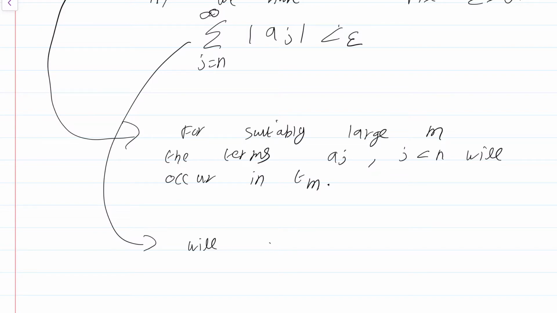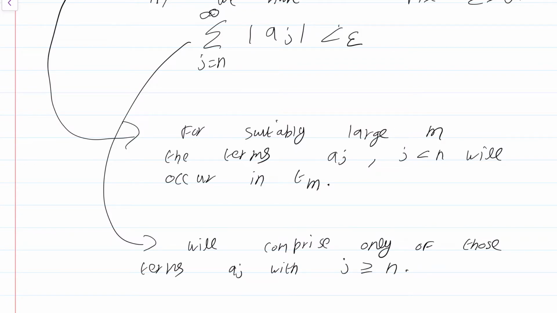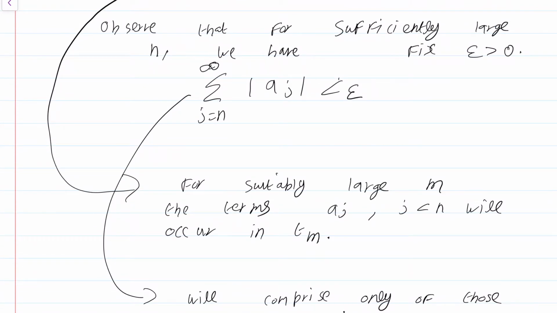Now this sum will comprise only of those terms Aj with j greater than or equal to n, right? Because the first n terms will get cancelled.